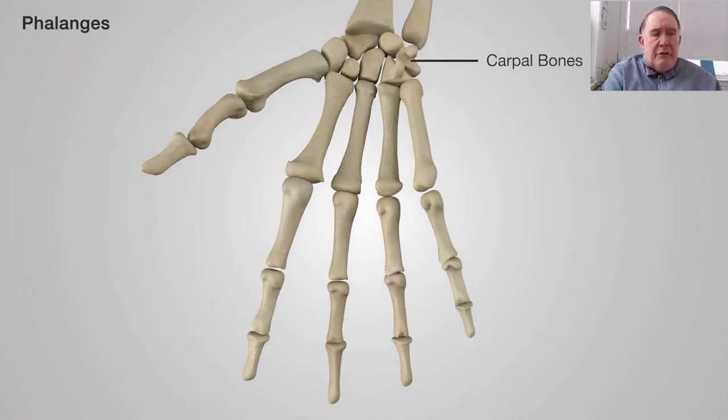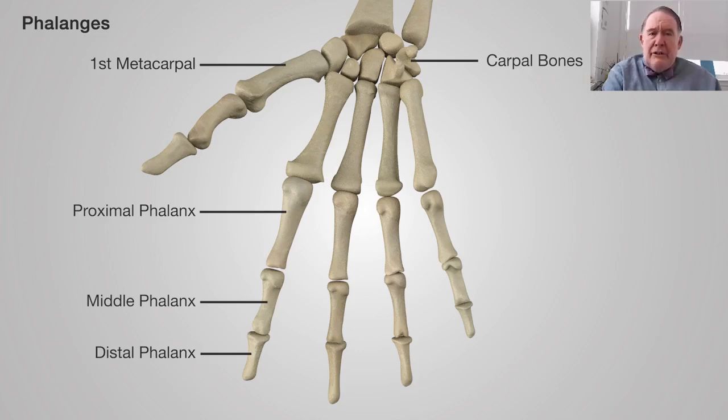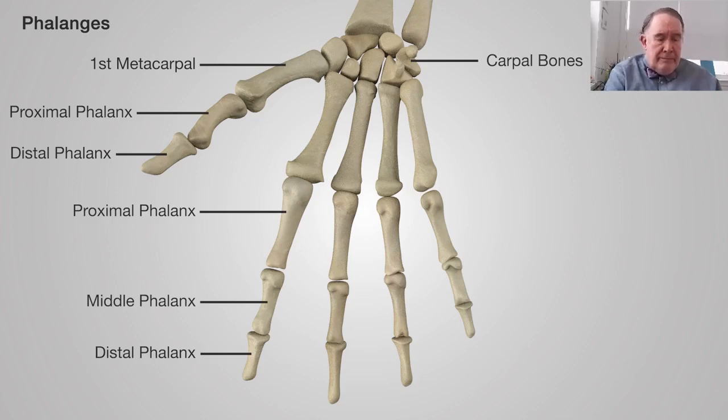Looking distally from the carpals, we go to metacarpals. There are 5 of them, one for each digit. And then distally, we see the phalanges, and there's a proximal, middle, and distal phalanx for the 2nd, 3rd, 4th, and 5th digits. And for the thumb, there's just simply a proximal and distal phalanx.